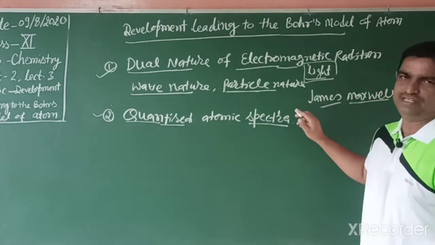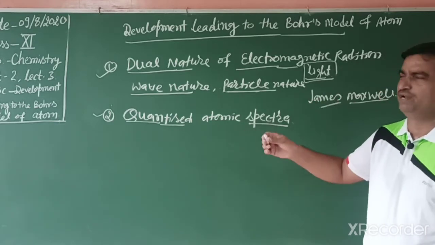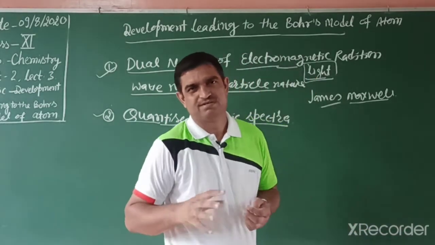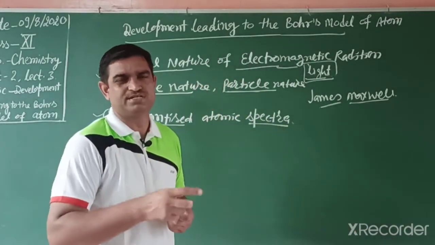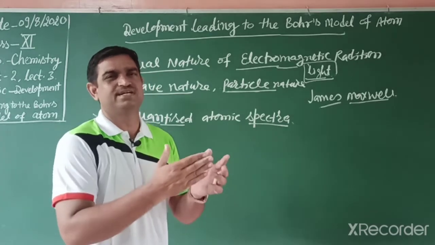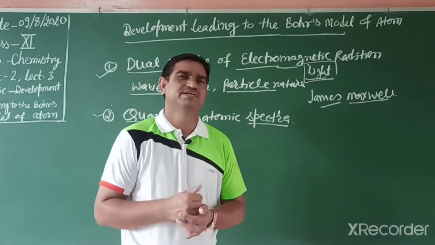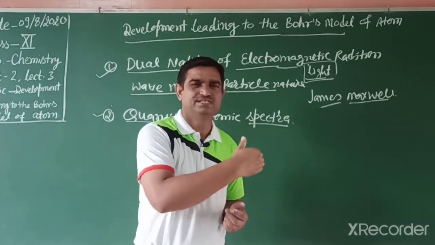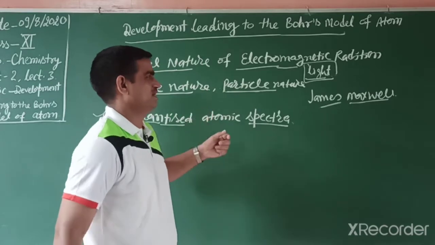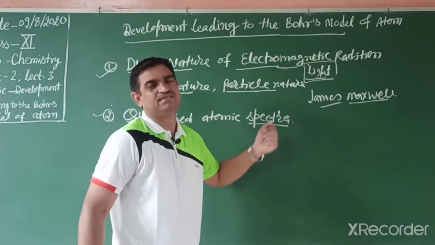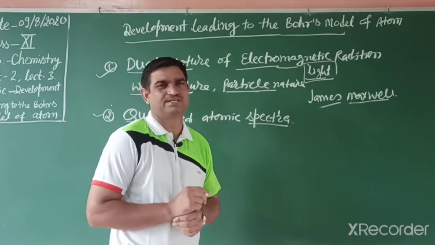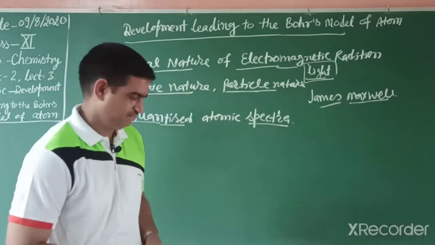He studied in detail at the macroscopic level that a charged object accelerates when it revolves and rotates around the nucleus. At that time the electric and magnetic fields are generated as a wave. So that is the wave nature explained by that scientist in detail. Now we study the wave nature of electromagnetic radiation.